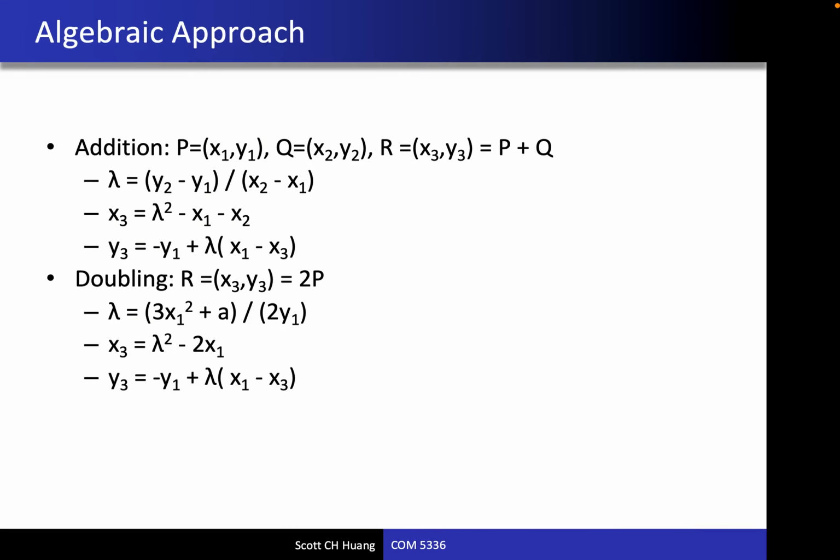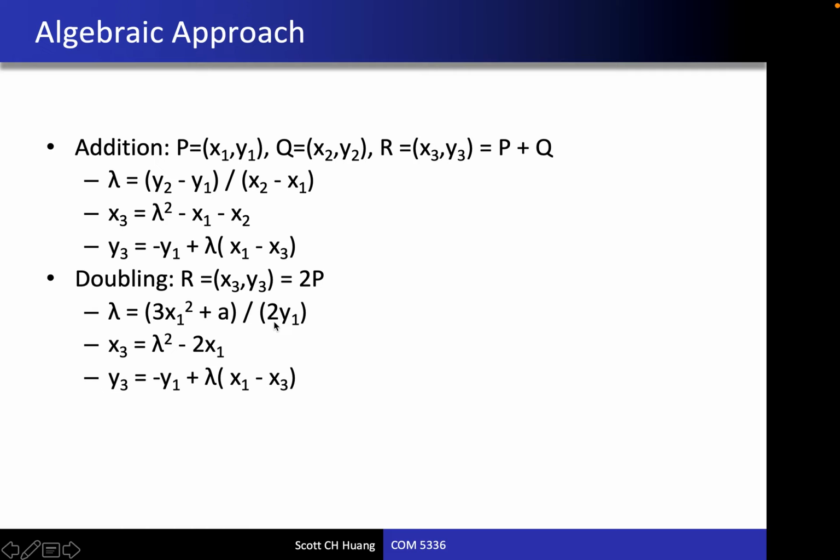For prime fields, where the characteristic is p, there's no problem at all. The problem lies in the case where the characteristic is 2. So this is doubling. Well, we have a problem because we have this number 2.